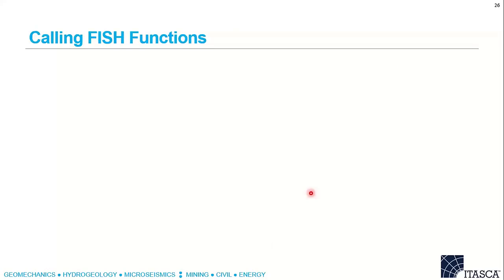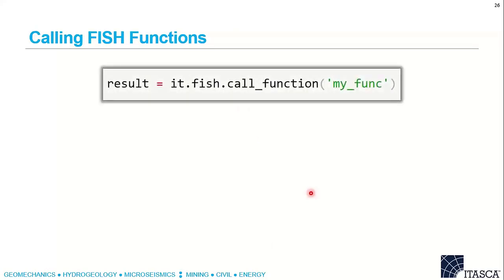It's also possible to call fish functions from within Python. This is done by using the fish.callFunction command. Once again, you pass in the name of the function as a string, and the function call in Python will automatically return the results, if any, of the returned value from the fish function.